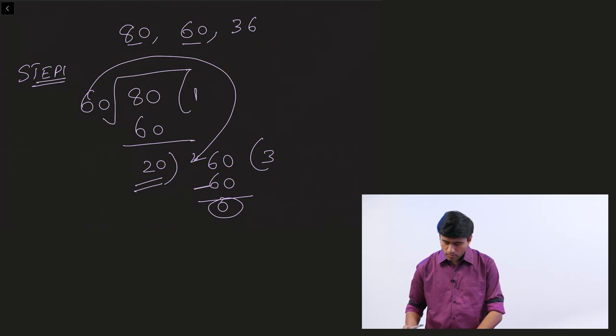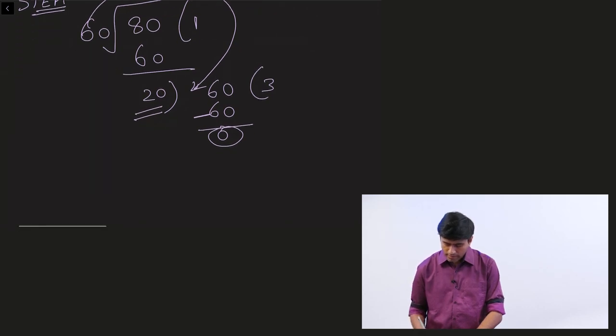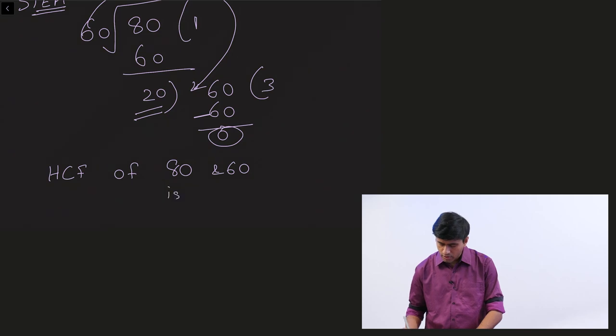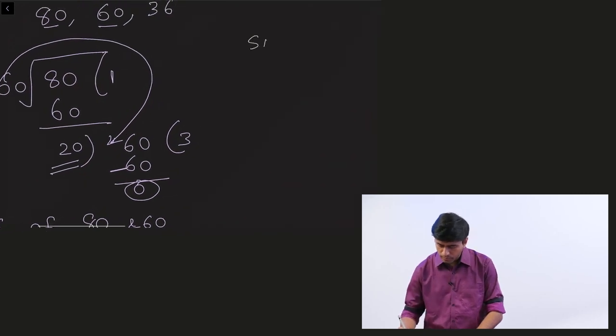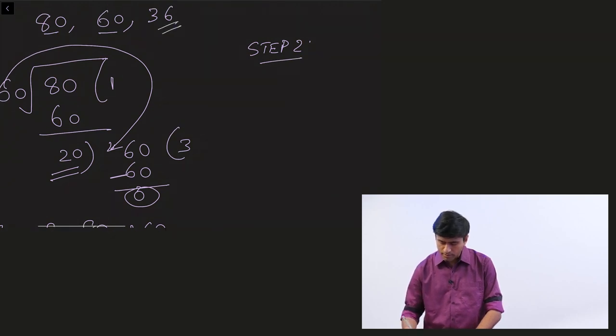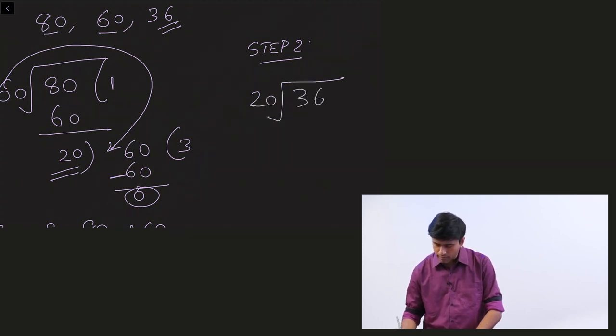So HCF of 80 and 60 is 20. Now in step 2, the third number that is remaining is divided with 20. So not 60, 20, 36.